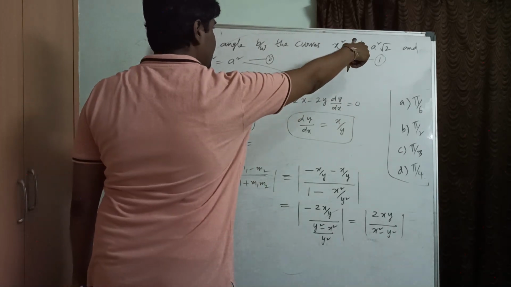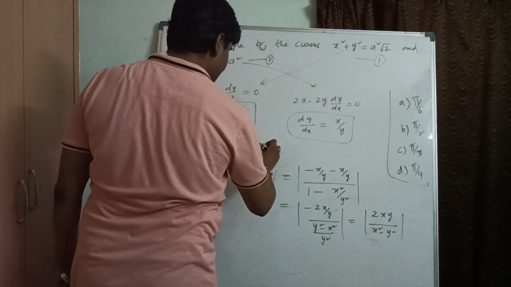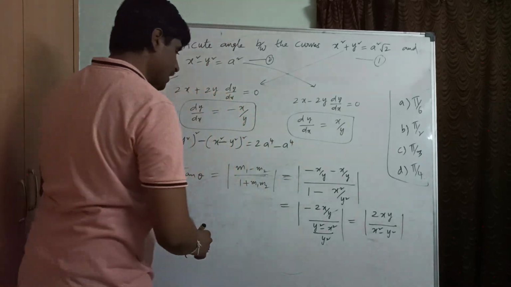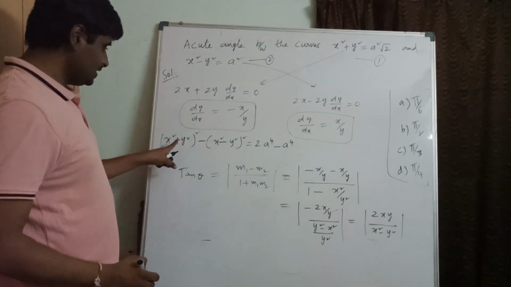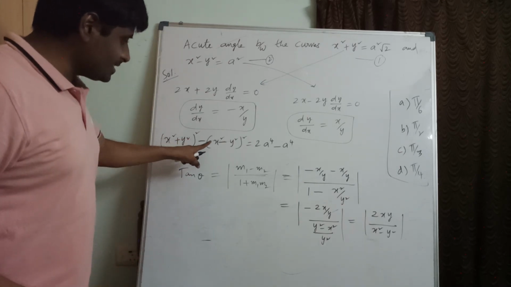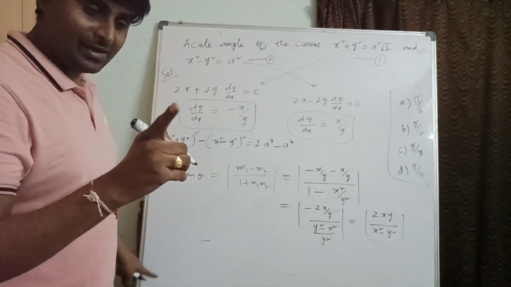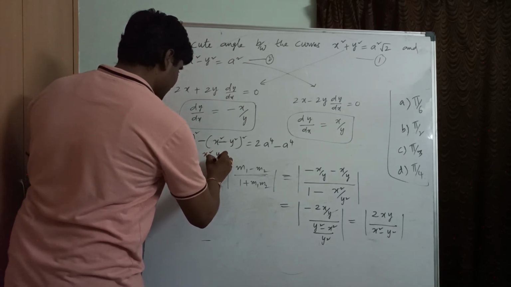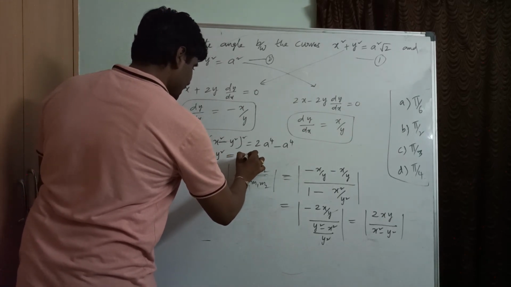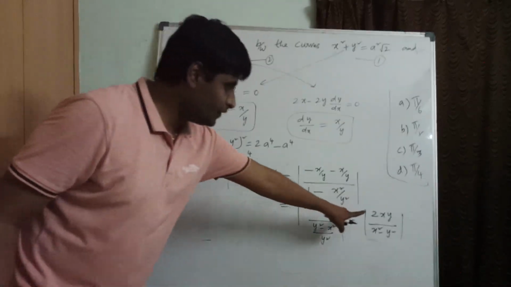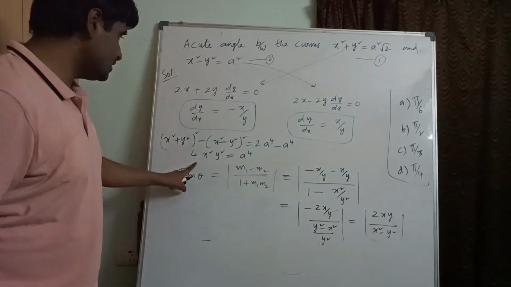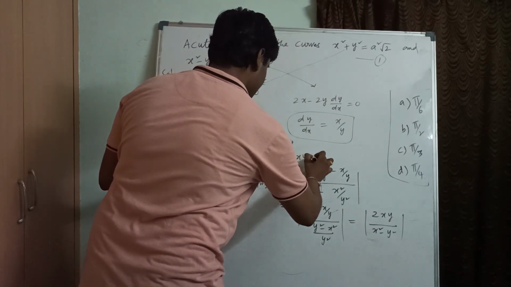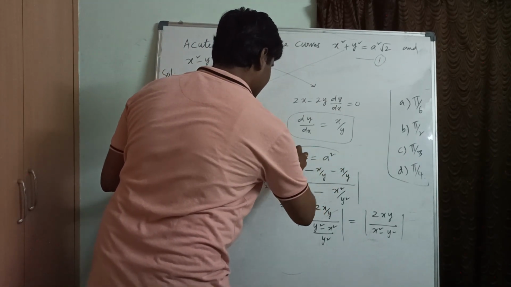What is that? 2a power 4 minus a power 4. Hope you understand. So what is this? A plus b whole square minus a minus b whole square is 4ab, correct? So 4 x square y square equals a power 4. So from this 2xy, what do you get? Equals a square. Clear?